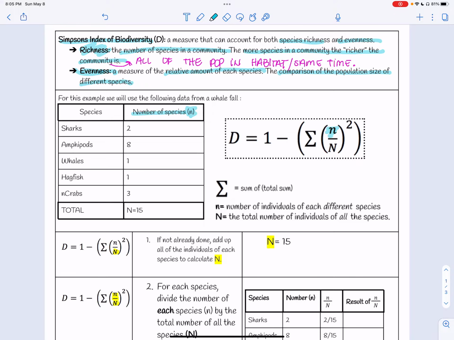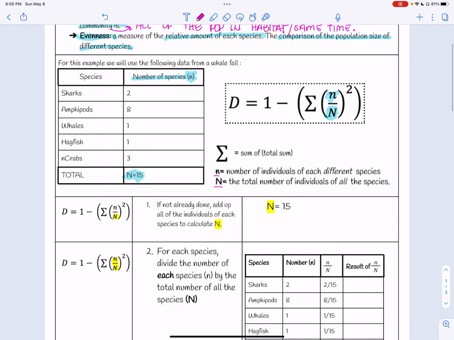The total of all of the organisms in each species, or the total of your populations, is going to be big N. So little n is the amount in each species, and big N is the total. Again, we have the summation symbol, which is capital letter sigma in the Greek alphabet. Little letter s looked like this. And then your givens, little n and big N.